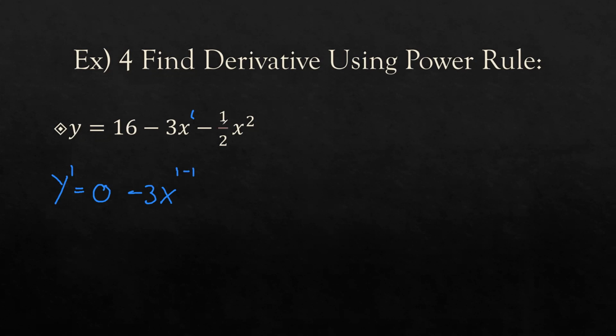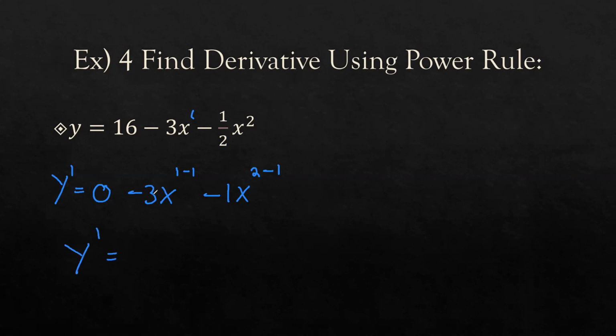And then the derivative of -1/2 x squared. You're going to multiply the power by the constant. So what is -1/2 times 2? -1. And then the power is going to be the old minus 1. So when you put it all together, this is going to be 0, you don't have to put the 0.